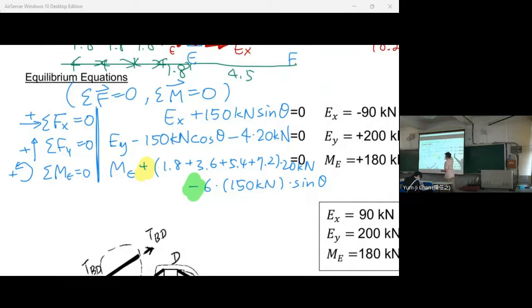So for this point, this is written down. And why is it that one is positive and another is negative? I will come back in a minute.